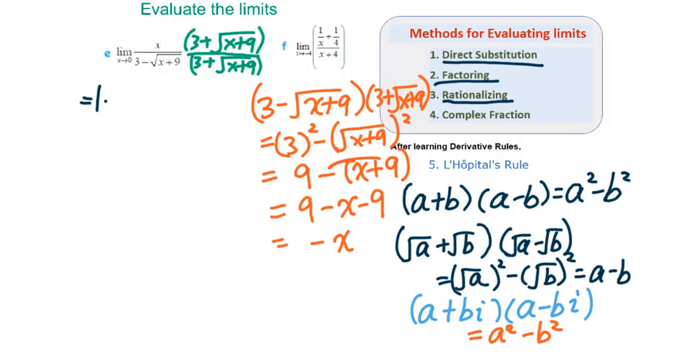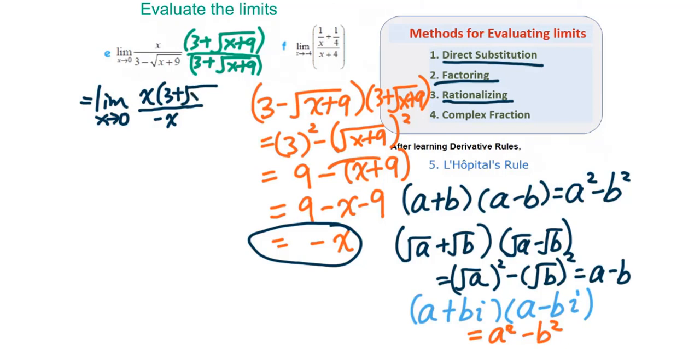Then you will get the limit as x approaches 0. We already figured out the bottom, that is negative x. So the top is x times (3 plus square root of x plus 9). Then we reduce.